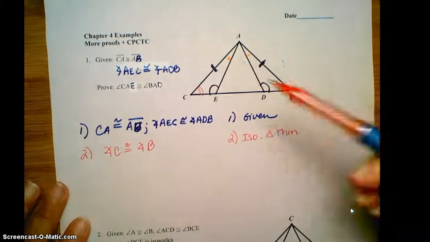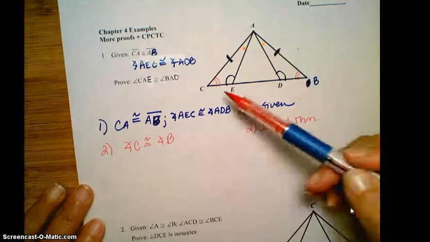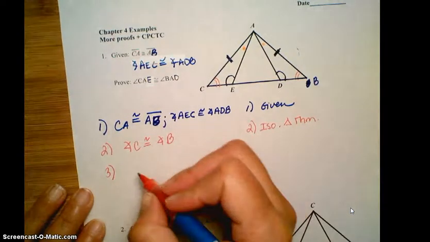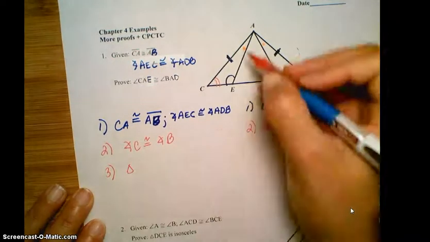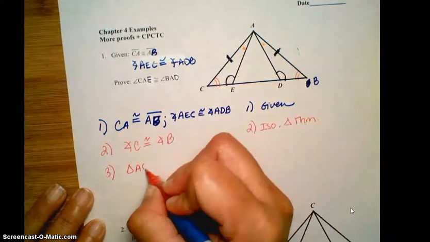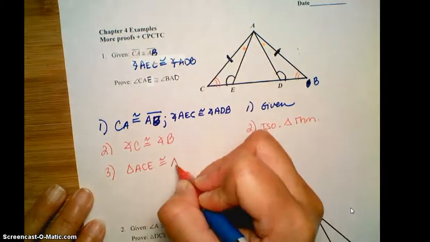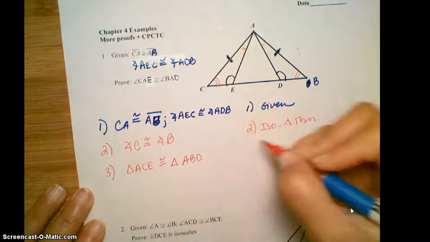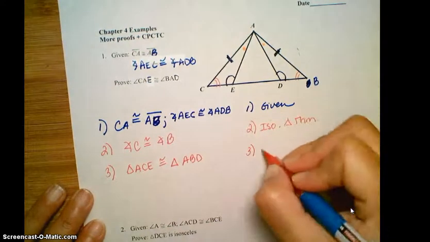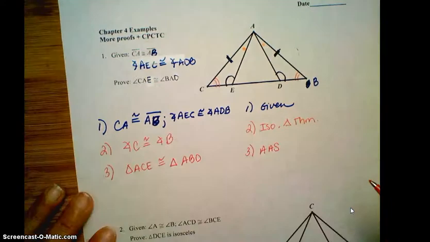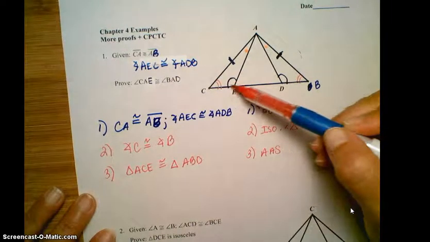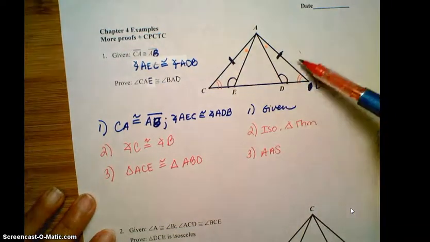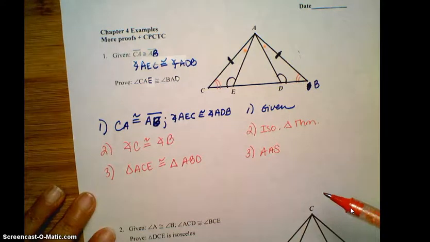Okay, so I've added those marks to the picture, and now if you look at the markings on your triangles, you can see that triangle ACE is congruent to triangle ABD, and your reason would be angle, angle, side. Notice two pairs of angles congruent to two pairs of angles, with the sides not included, so we want to use angle, angle, side.